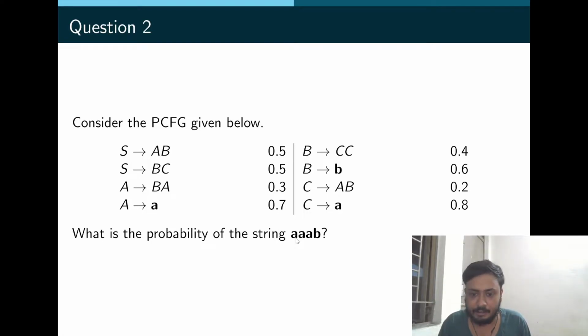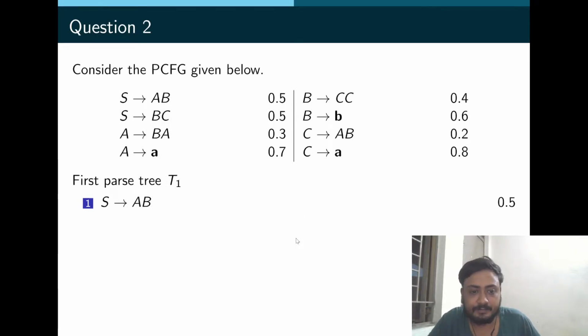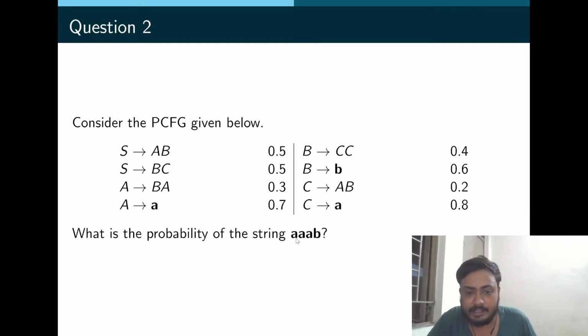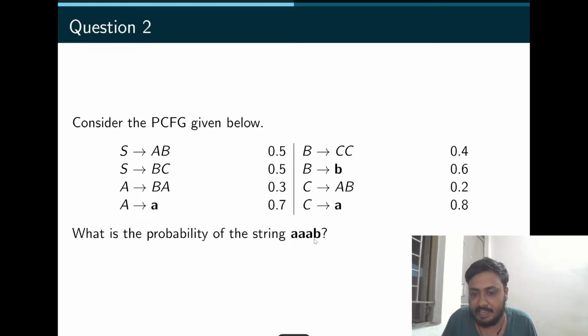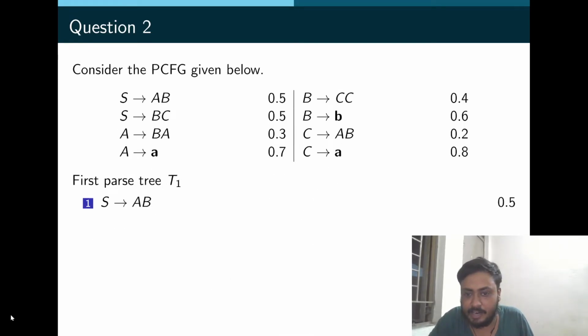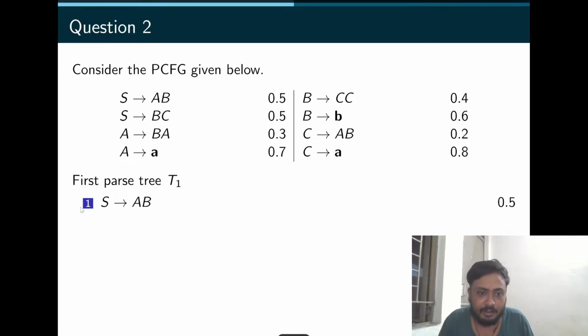You just need to look out for the possible combinations you can apply. So how do we do this? Let's see the procedure for that. Let's think of the ways we can construct this string, in a top down manner. So let's start with the first rule, which is S gives AB, right?